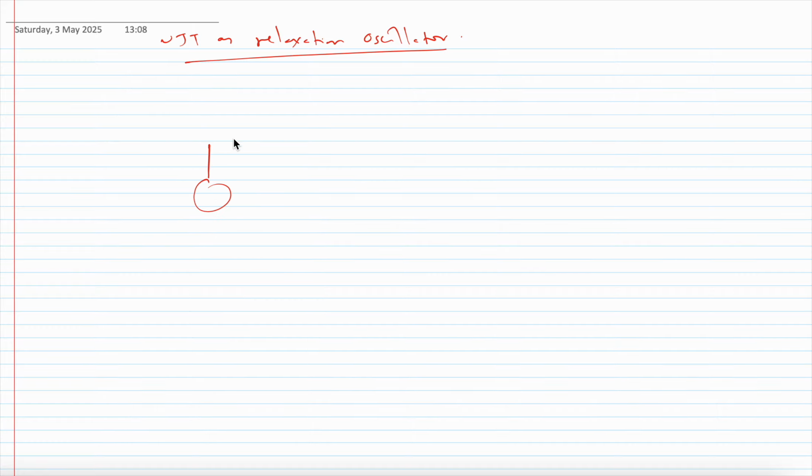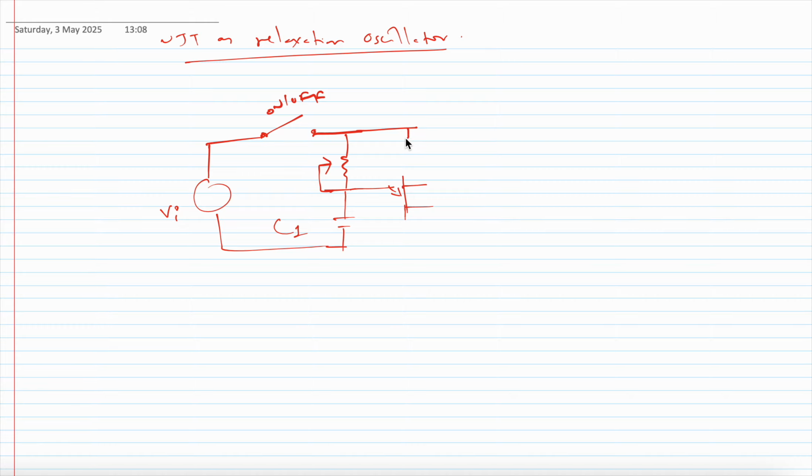Suppose we have a source here and this is on off, then here we have resistance, this is a variable resistance, this is Vi, this is capacitor C1, and I have here the UJT, this is R2, R1, and here a bulb.